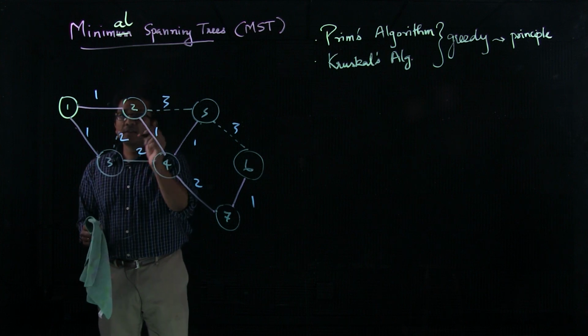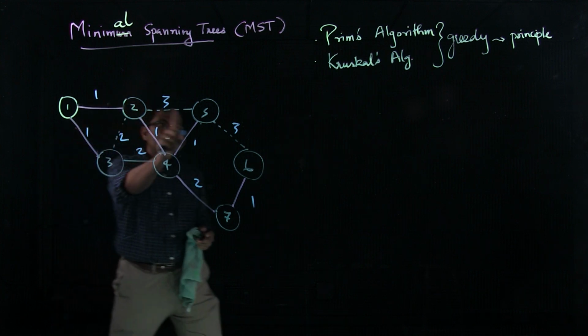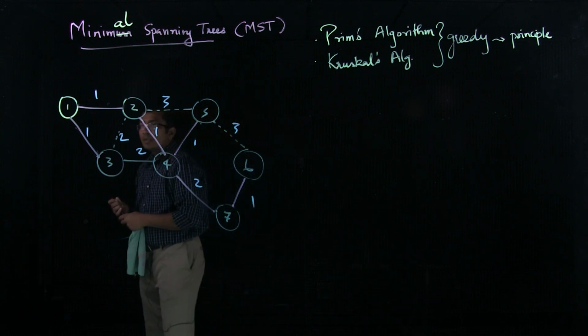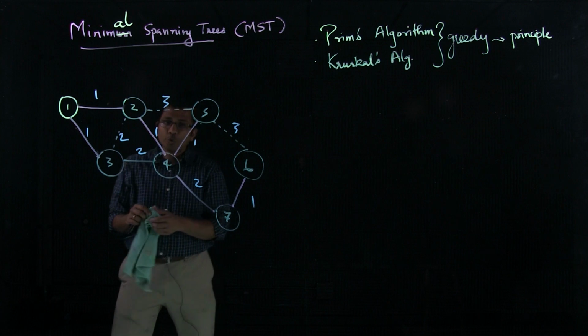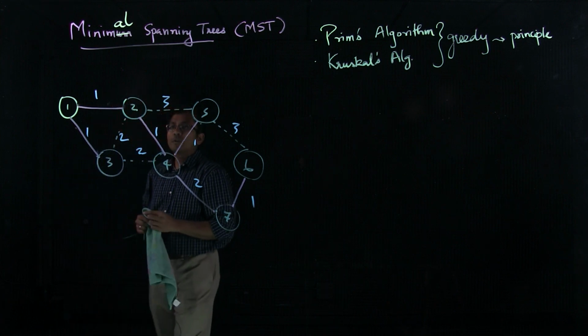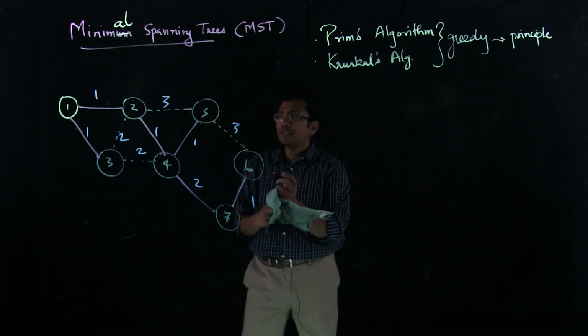The edges that are not going to be part of the minimum spanning tree are 2 to 3, 2 to 5, 5 to 6. All right. So I claim that the edges that I have shown, oh, by the way, 3 to 4 is also not part of the MST. So the MST itself is, let me redraw it again.